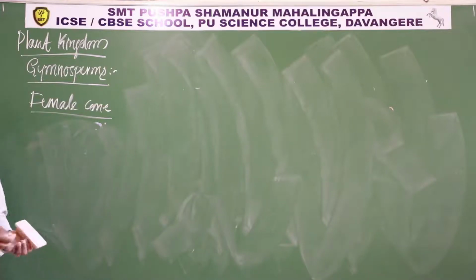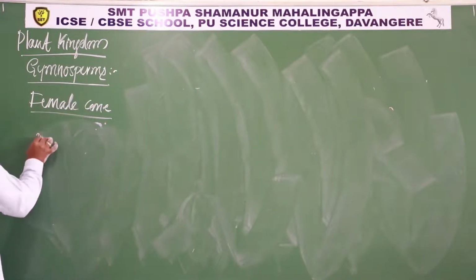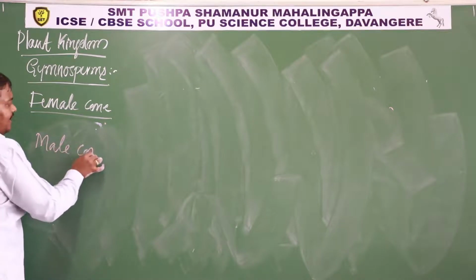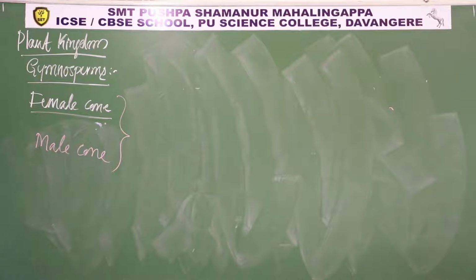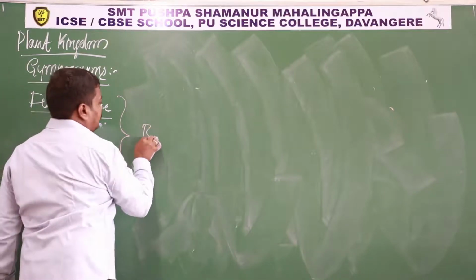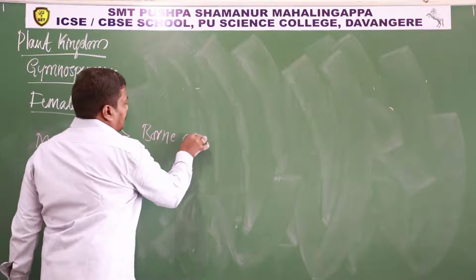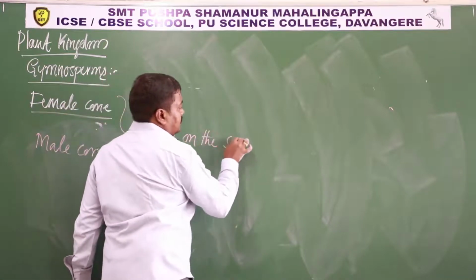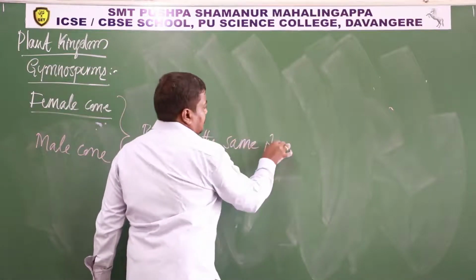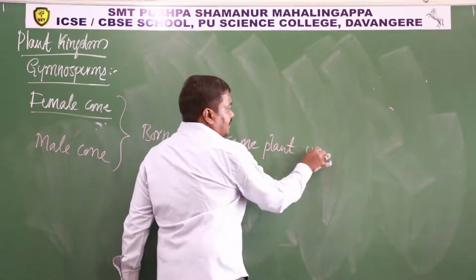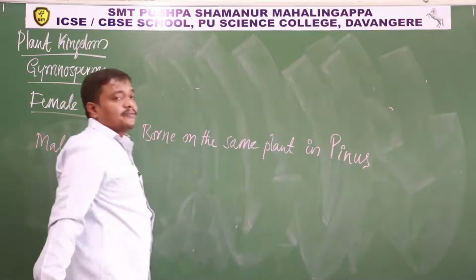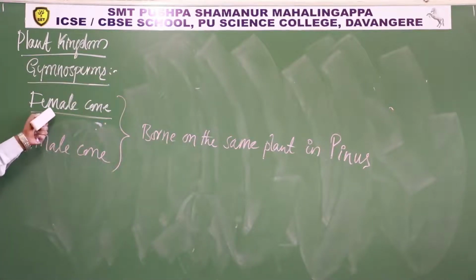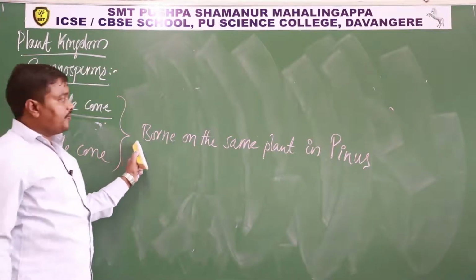Okay, and these are male and female cones. These male and female cones, if they are born on the same plant, as in Pinus, both female and male cones are produced on the same plant.